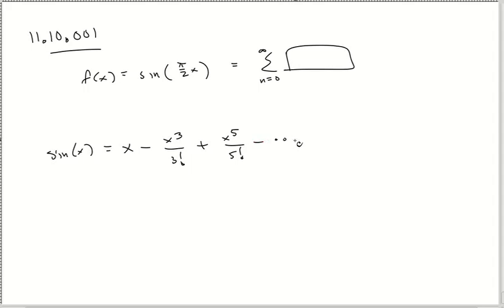Okay, so it has this in the formula book on that page. It's near the end. But then here at the end, it also says this is equal to the summation of n equals 0 to infinity of negative 1 to the n times x to the 2n plus 1, all divided by 2n plus 1 factorial.